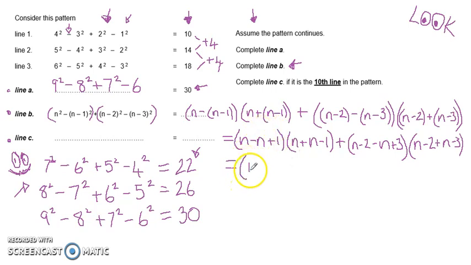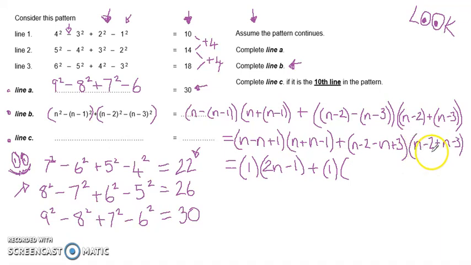So this one actually becomes just 1. Why? Because n minus n is 0. Plus 1, it's going to be 1. The next bracket is 2n minus 1. Because n plus n is 2n and minus 1. The next one, n minus n is 0, minus 2 plus 3 is going to be 1. Isn't that fantastic?